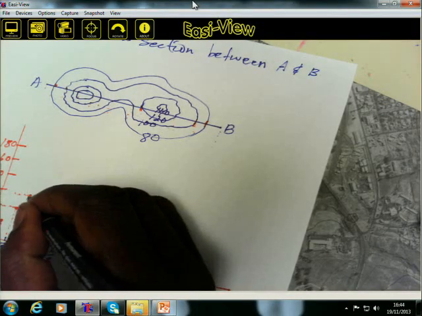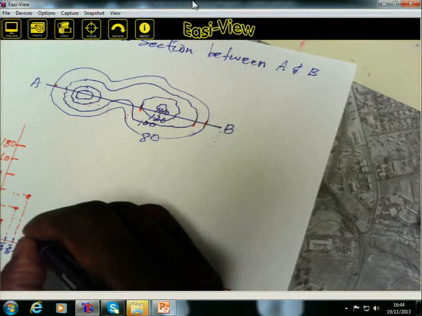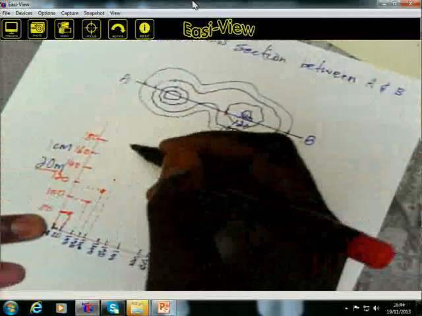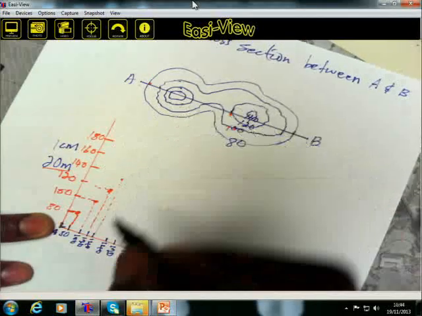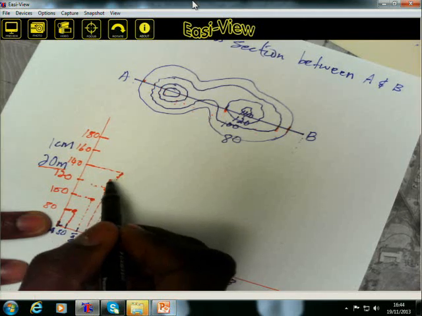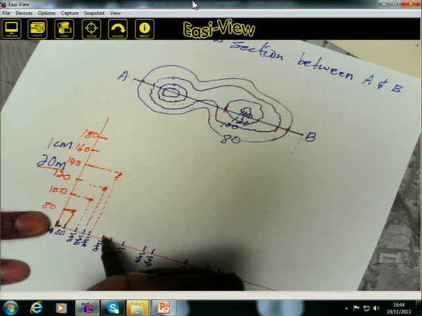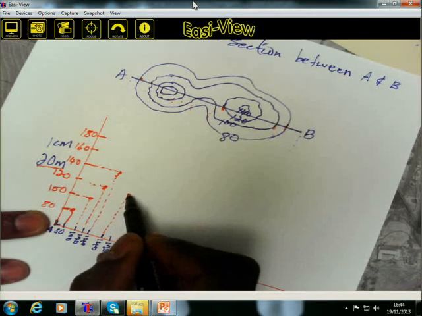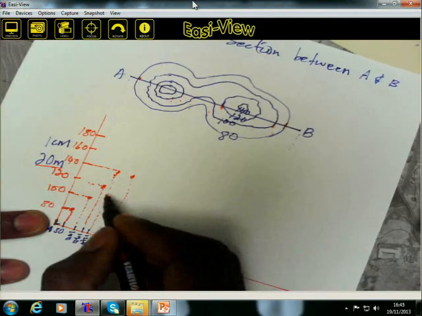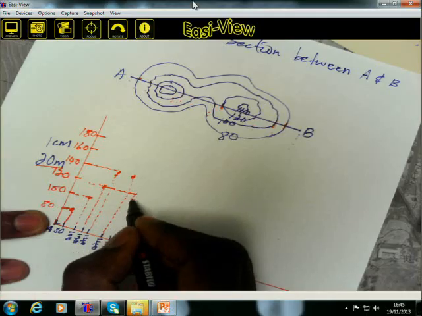120 should come to 120. 140 should come straight to 140. Then another 140 will come to 140. Then you've got 120.